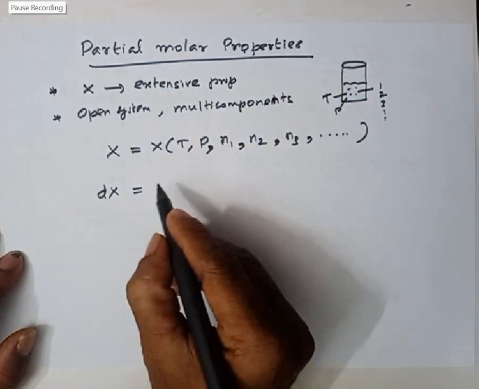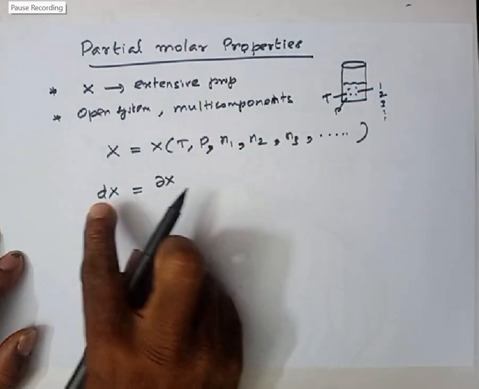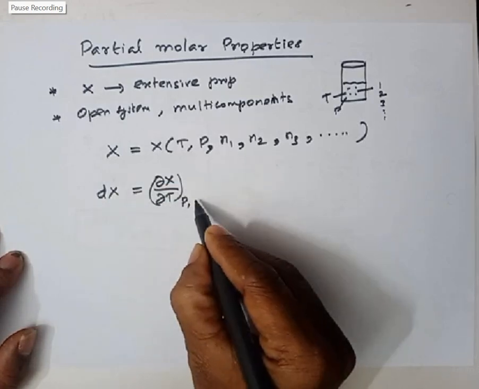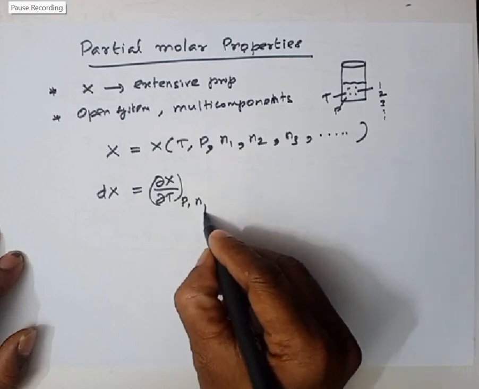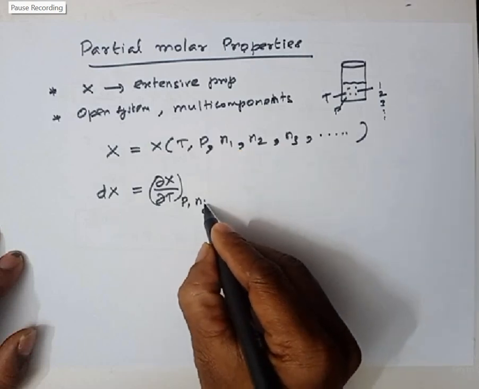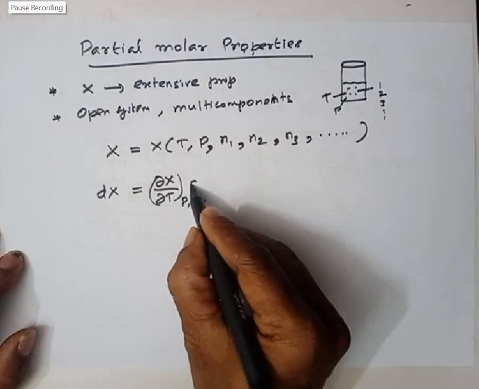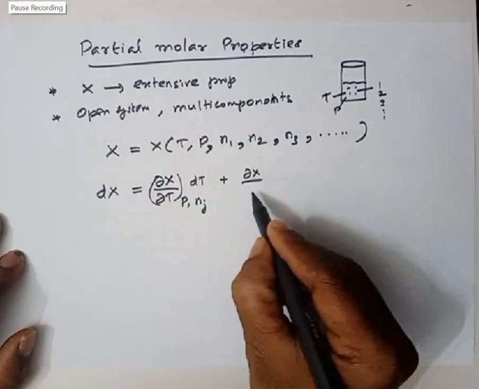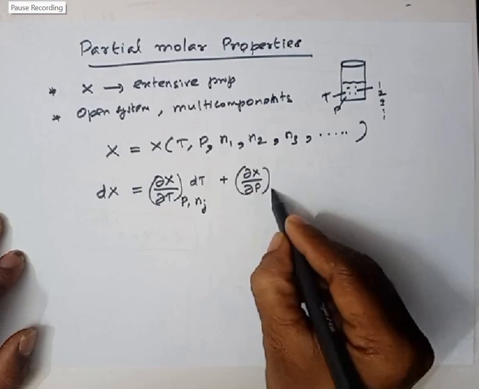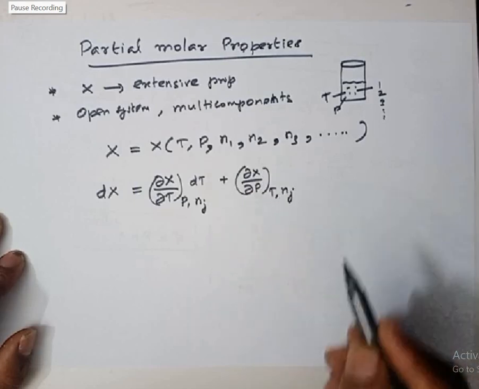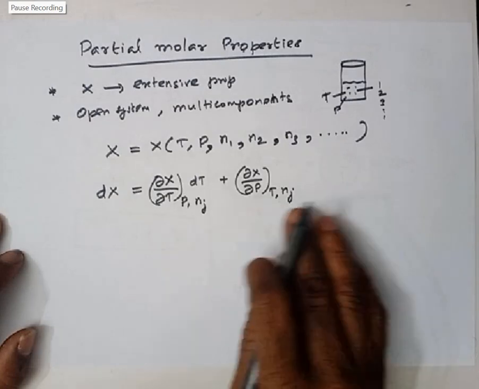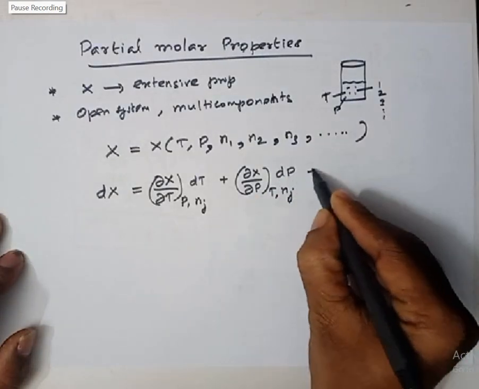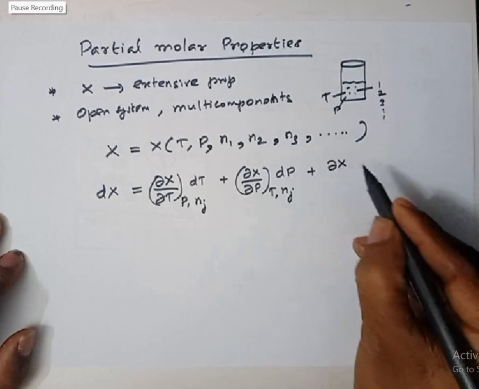The change in X may occur due to change in temperature at constant pressure and constant number of moles of all components, into dT, plus the change due to change in pressure at constant temperature and number of moles of all the components, into dP.